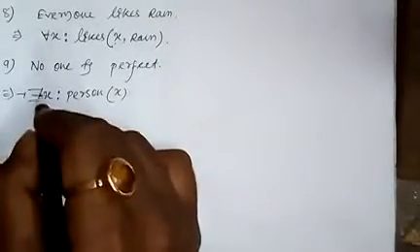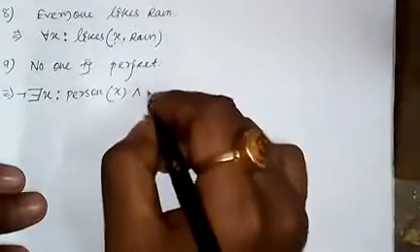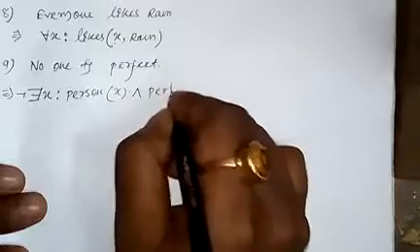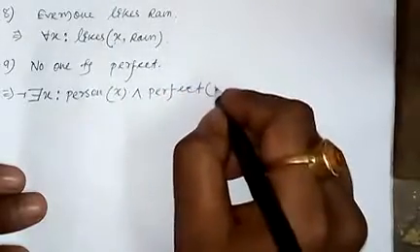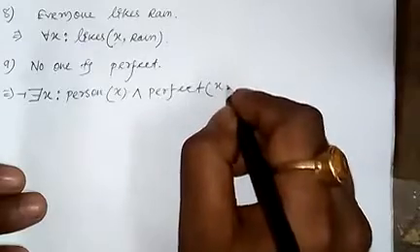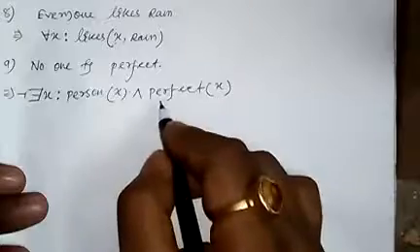And since you are using the there exists symbol, you have to use the and operator, and it means x is perfect.